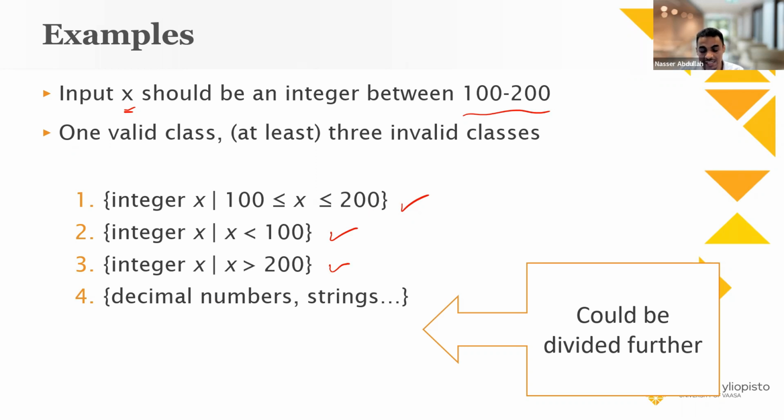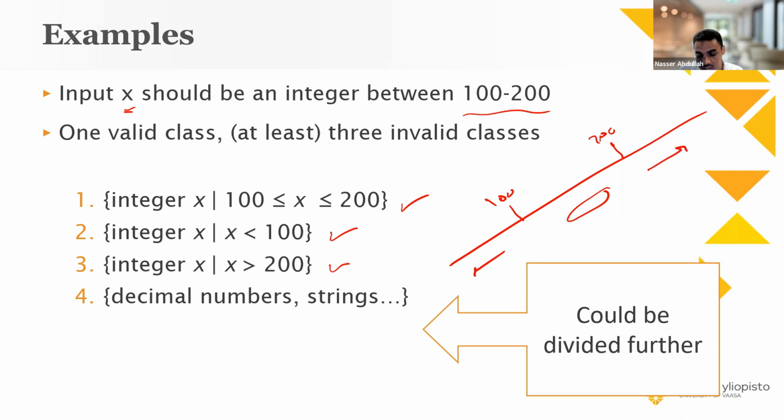If you see, guys, this is exactly what we drew in the previous example. We have 100 and 200, so the first one is the valid partition, between 100 and 200, and then the numbers which are invalid: the second partition, or second class, less than 100, and greater than 200.